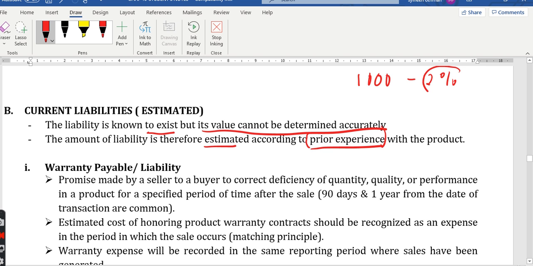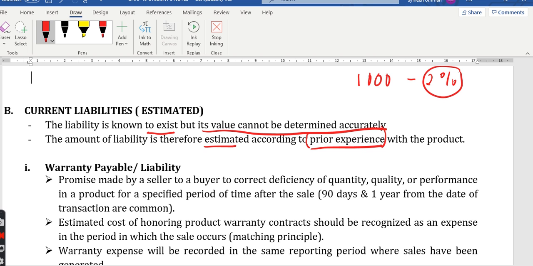So this 2% will be set aside from your sales in advance, because that amount of money from my sales I will use to repair or to replace the defected goods with new ones. But not necessarily every time you sell goods 2% will come back to be replaced, because not necessarily every time you sell goods they will break. So that is why we call it estimation.